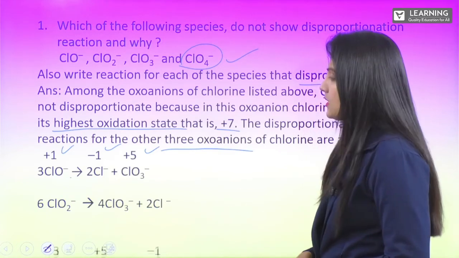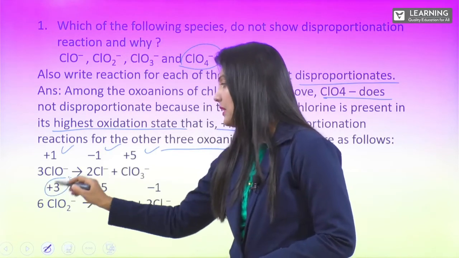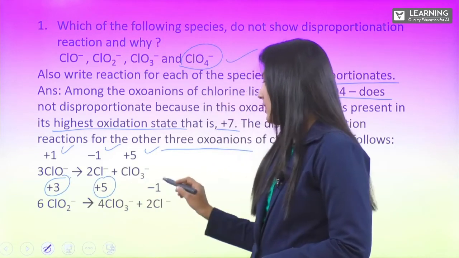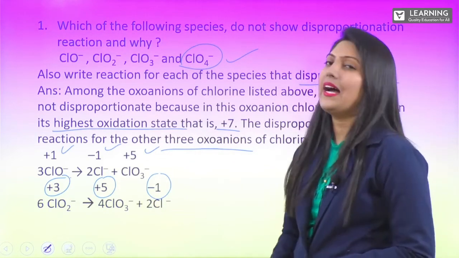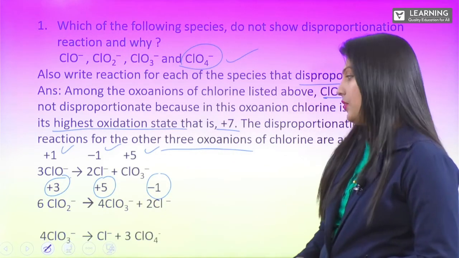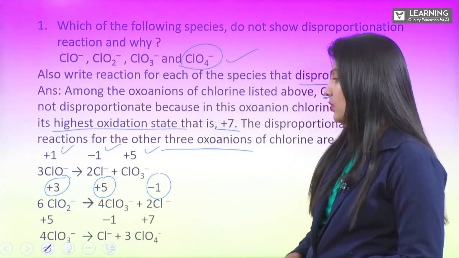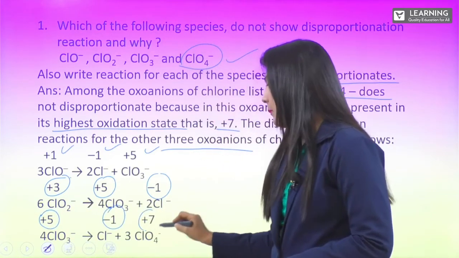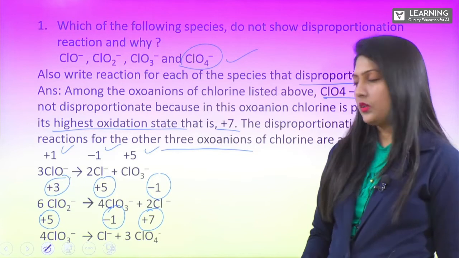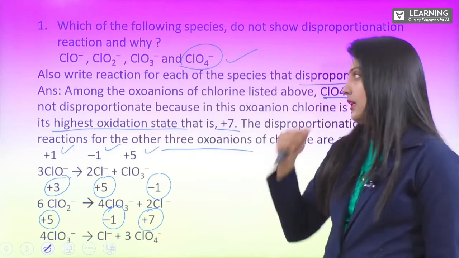The next one you can see here, it is ClO2 minus with +3 state, here +5 state, here -1 state. So here again you can have the disproportionation reaction. And finally here ClO3 minus, you can also have here +5 state, -1 state and +7 state. Got it? But generally this cannot undergo disproportionation reaction.